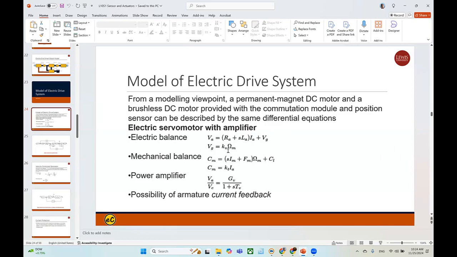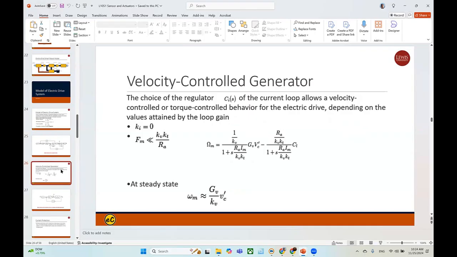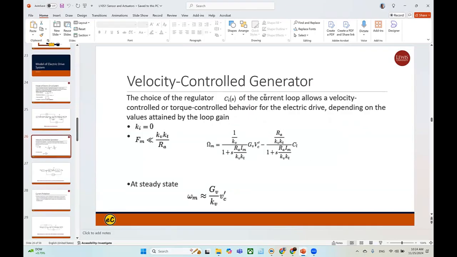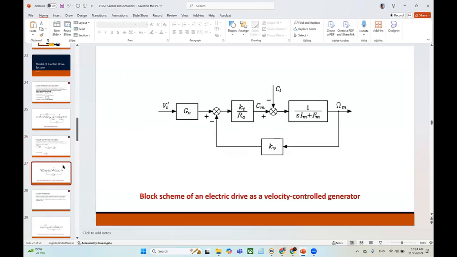They are different kinds of control variables in the loop. So there is a velocity control generator, and this is the model for it.